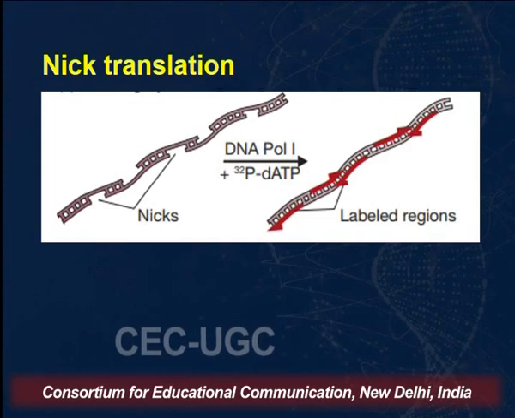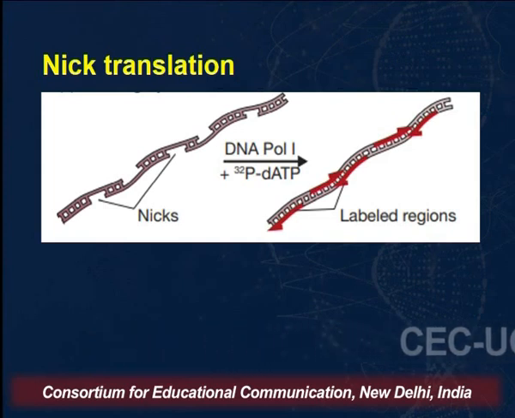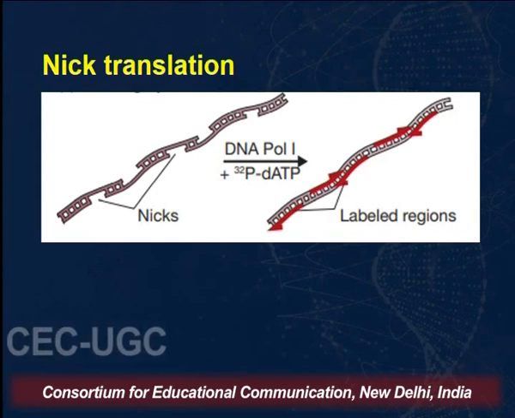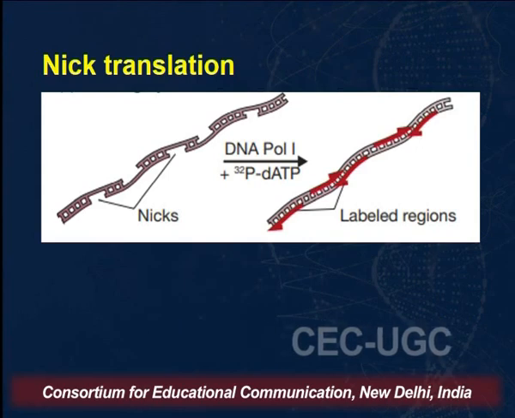Here dATP is carrying P32, and all the other three nucleotides would also be there. So what would DNA polymerase do? DNA polymerase is going to bridge this gap, create sequence at these nicks, and it also causes strand displacement.